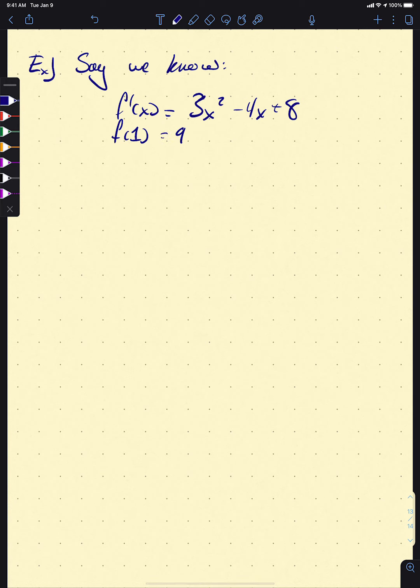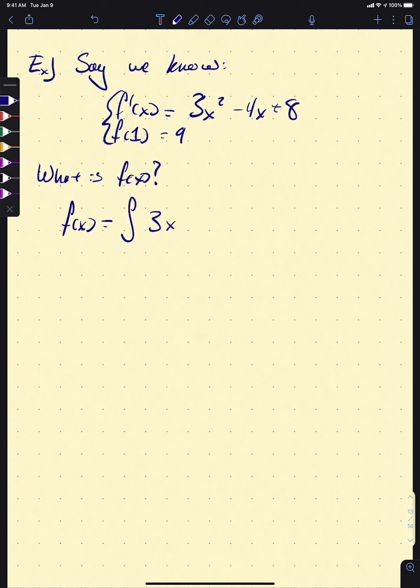We know these two pieces of information, and we can actually ask, what is f of x? Well, just as before, we know that f of x is the antiderivative of its own derivative, because they undo each other. So it's the antiderivative of 3x squared minus 4x plus 8.